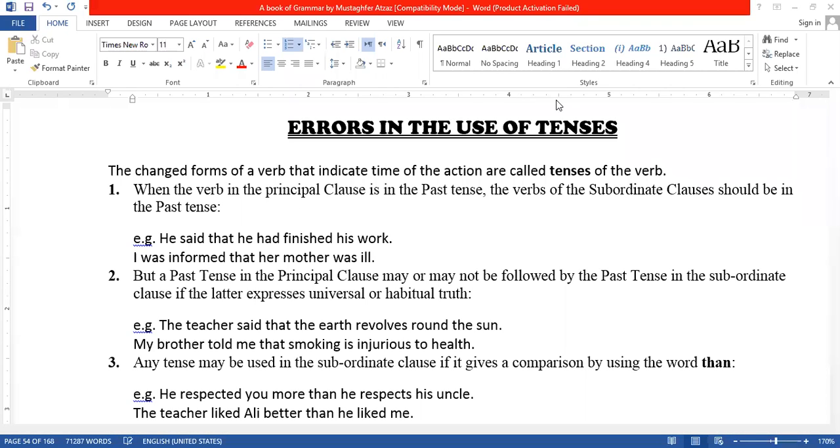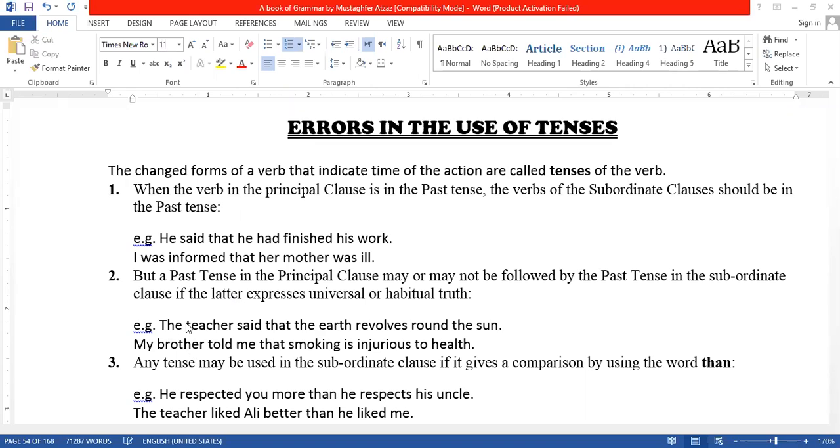After learning that the general rule says we are supposed to use the same tense in both clauses, now we are moving towards exceptions, and the first exception elucidates that we shall not use the past tense, even though we have past tense in the principal clause, when we are dealing with a universal or habitual truth. We shall talk about both of them turn by turn.